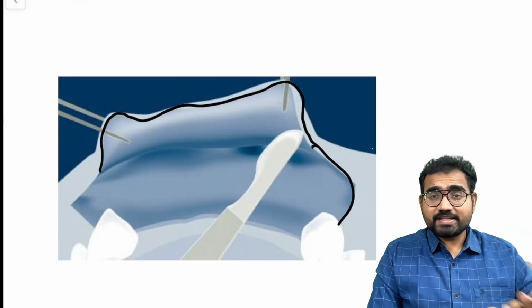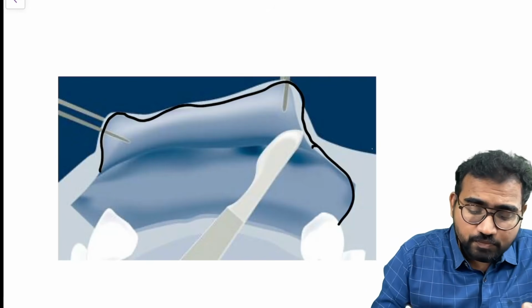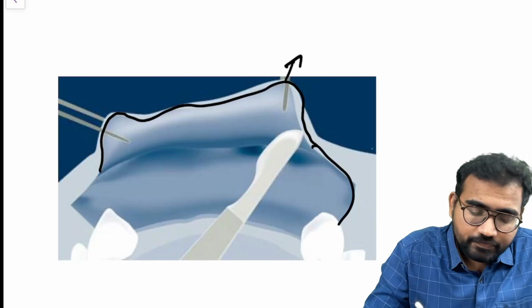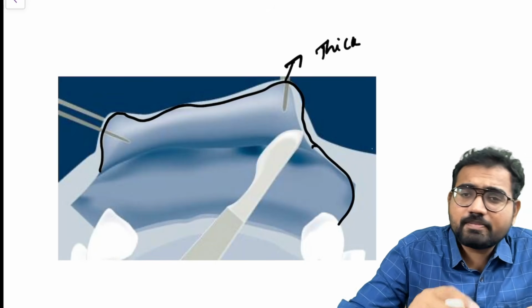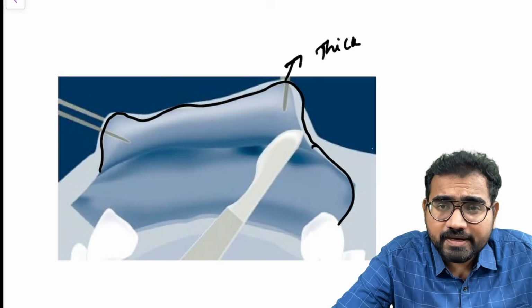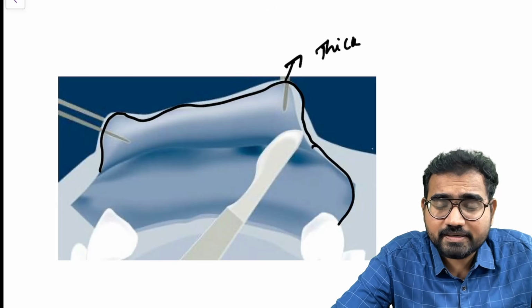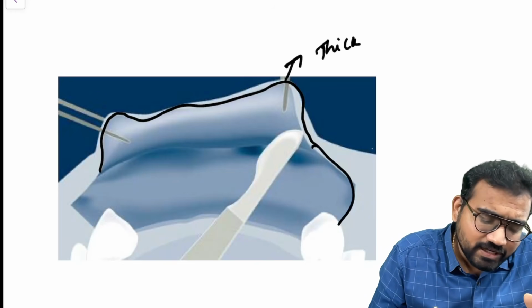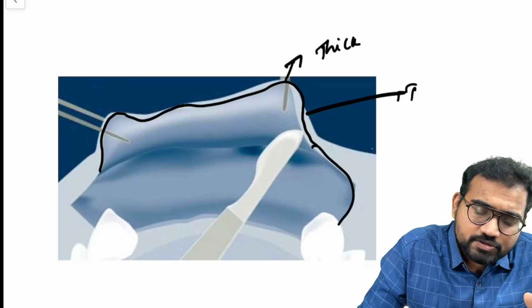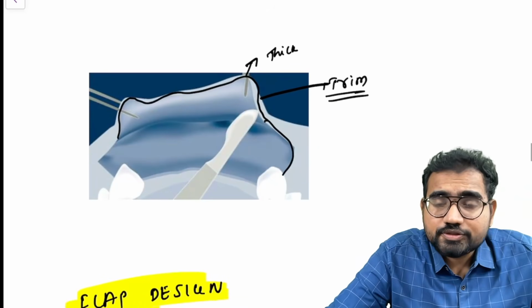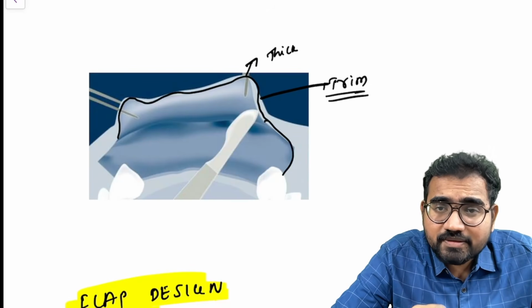So once I reflect a flap, this portion of the flap will be thick. It will have lots of granulation tissue and some kind of connective tissue, infections, bacteria, whatever it may be. So what I will do is, I'll just trim this portion so that the flap becomes thin.